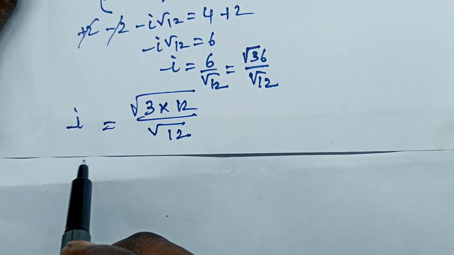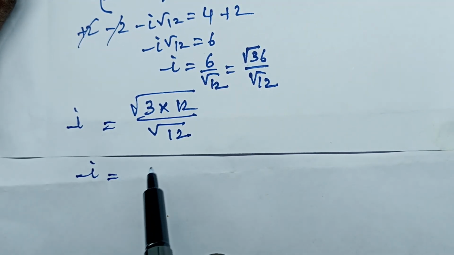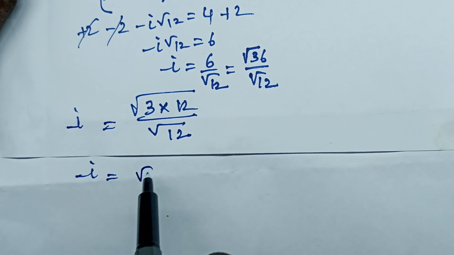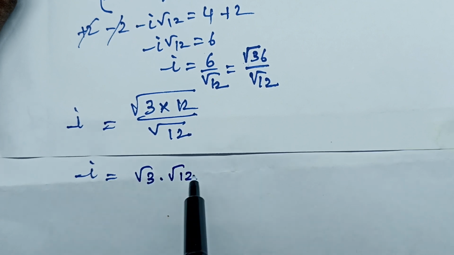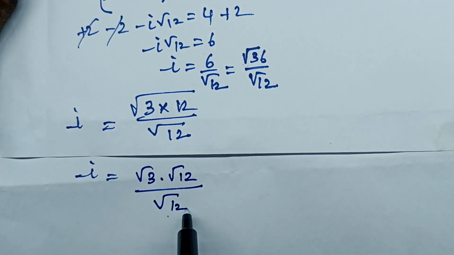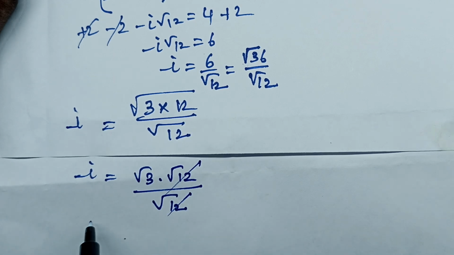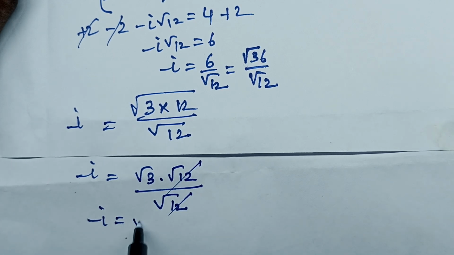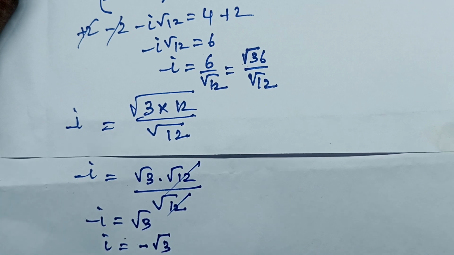So minus i equal to root 3 into root 12 by root 12. So root 12 cancels. Minus i equal to root 3. i equal to minus root 3.